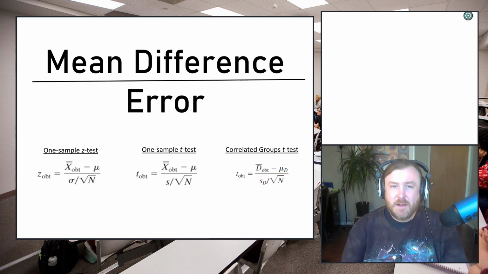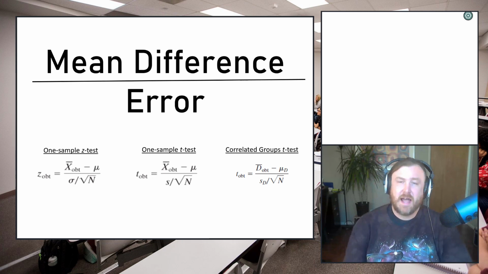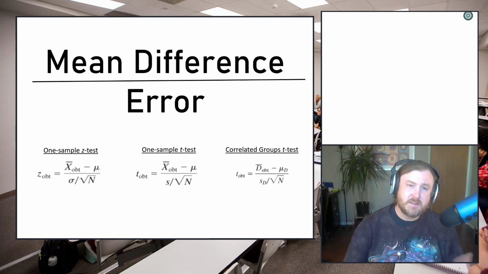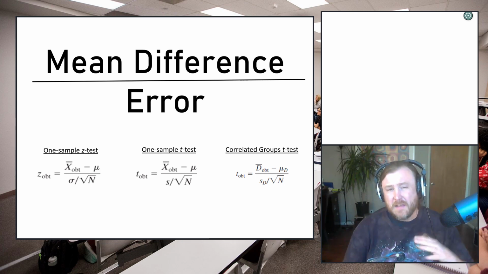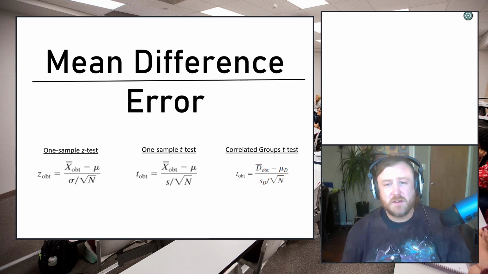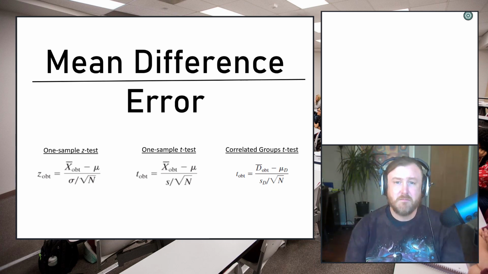So every test that we will conduct in this class is simply a difference over error. Sometimes that could be framed in terms of variance, like variance unexplained and variance explained. In the t-test arena, we're looking at the difference between two means, a mean difference, in units of error.